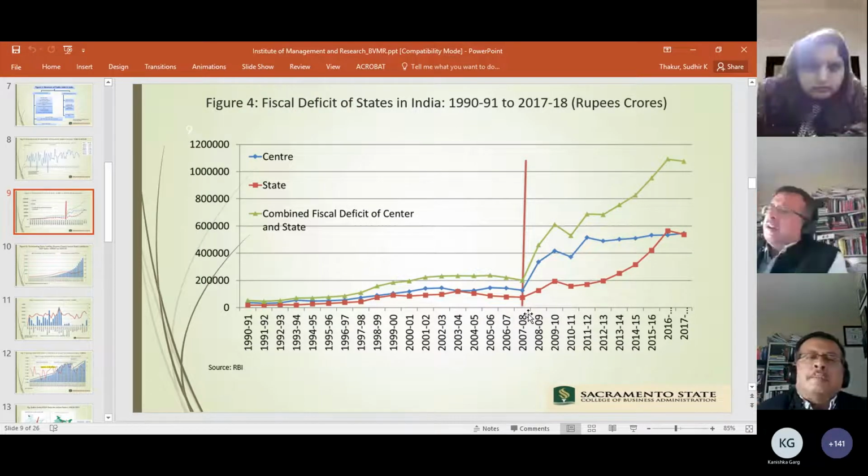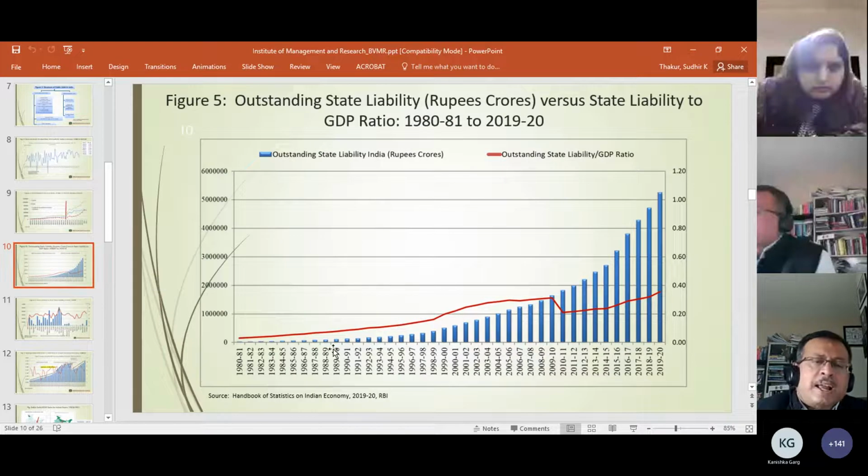So we need to understand the genesis of the debt crisis in India. India has been facing a crisis along the line of fiscal imbalance. This slide shows that the problem goes way back to the early 1980s, when the problem of fiscal imbalance was experienced by the Indian government.